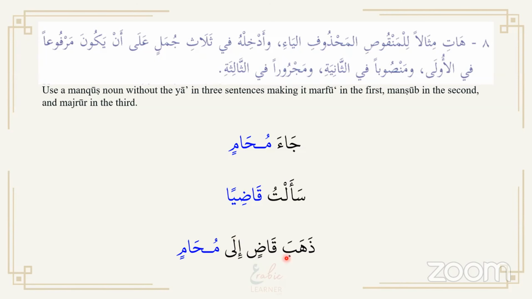That's what you say, that the alamat of jar is the assumed kasra on the omitted ya. So you are assuming that there is a kasra on the omitted ya.